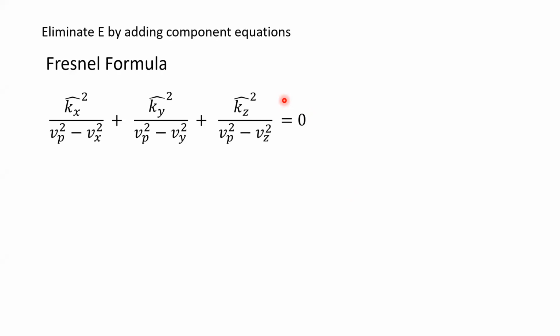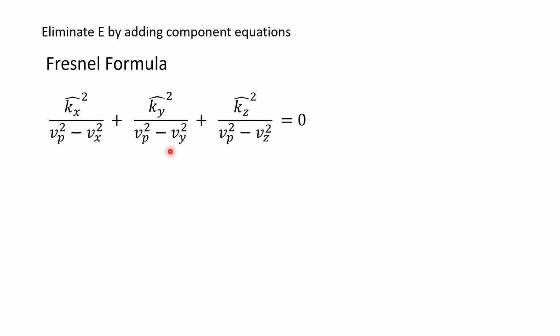You are left with only an equation which involves the phase velocity, the components of the propagation direction along the principal axes. Principal axes are the x, y, z axes in our case. That's how you oriented the coordinates. And then Vx, Vy, Vz.